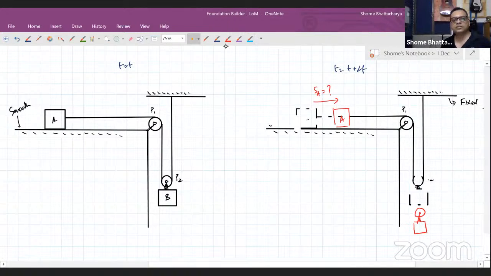Okay, so this whole part of the system has moved from here. Okay, so it has moved down by a distance x. Okay.